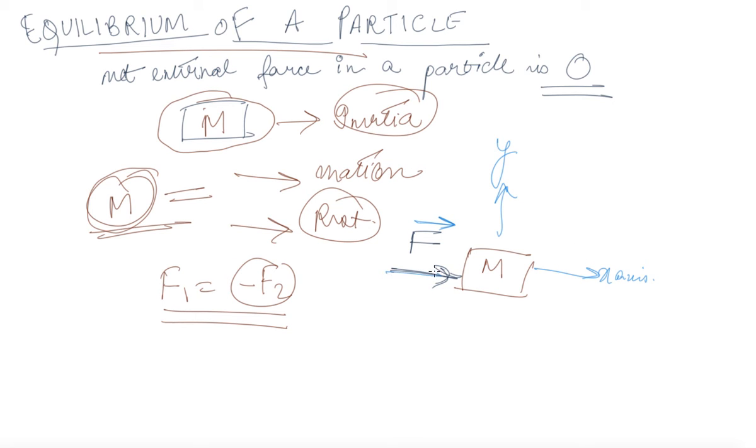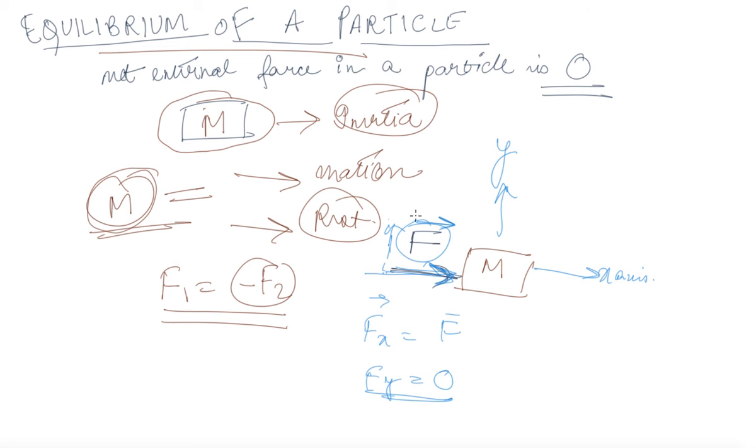So this is in the direction of the x axis, so F of x equals F, and F of y is equal to 0, because there is no y component in this particular force. The reason is that it's going straight along the x axis.